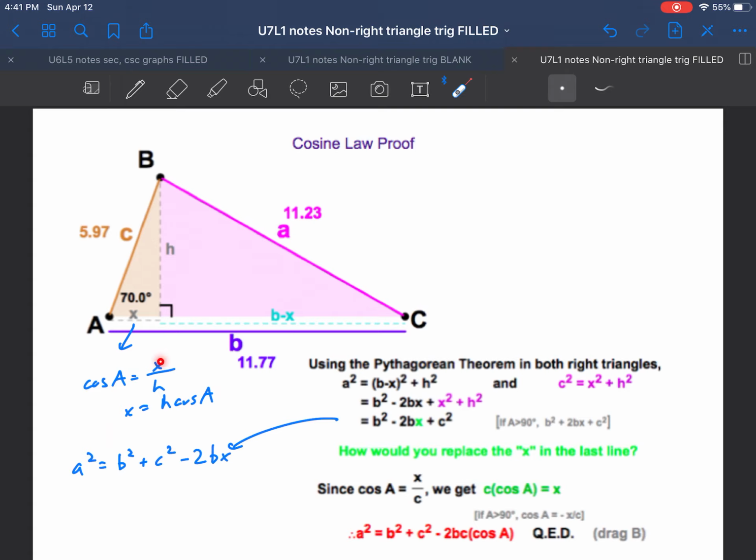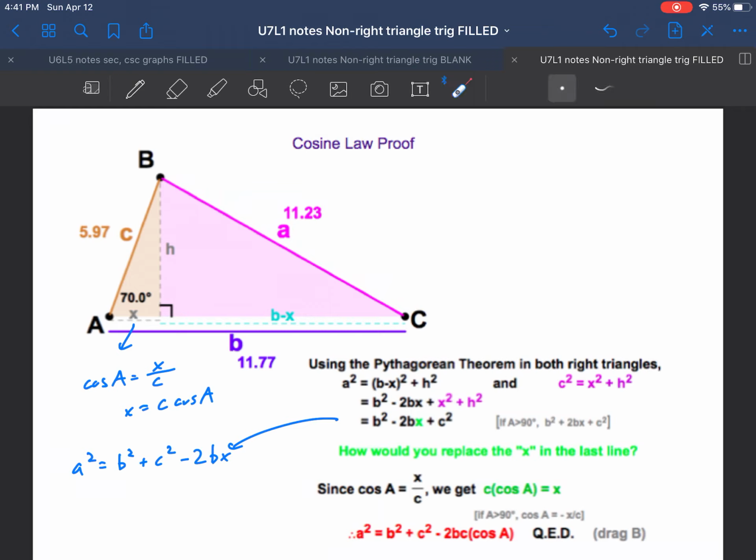Guys, I'm silent because I was realizing something was wrong. I didn't do my cosine right. Cosine is x over c, not h. X over the hypotenuse. So let's go back and change that and actually make sure that this works. So yeah, cosine is adjacent over hypotenuse. So this should be a c, and then this becomes a c.